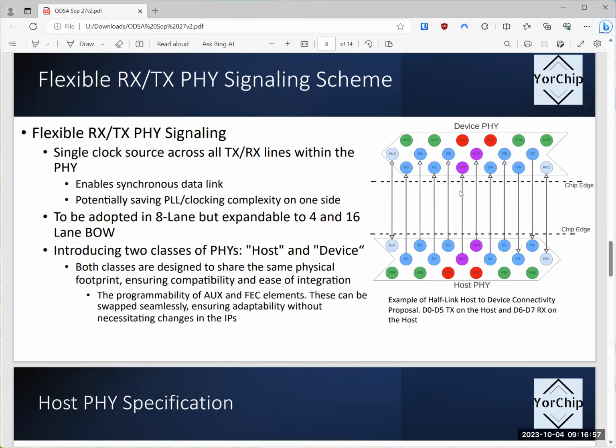If I use the same PHYs that support both, then I don't have the area advantage. And if I have a dedicated one, the IP folks need to redesign the PHYs just to support these modes so that I can have the area saving, right?